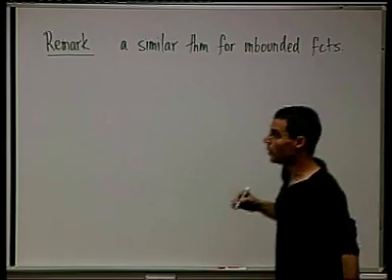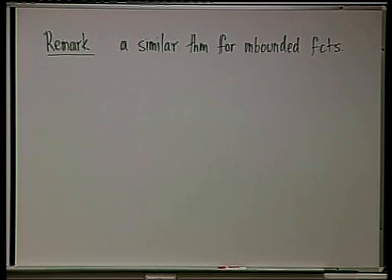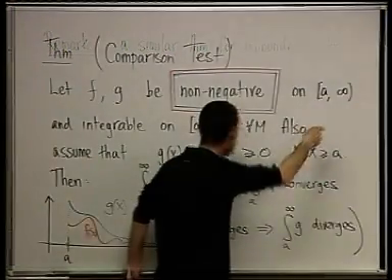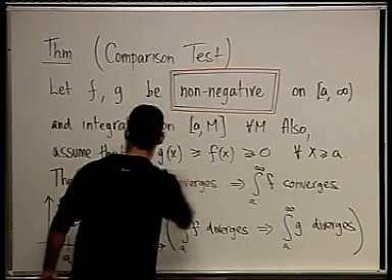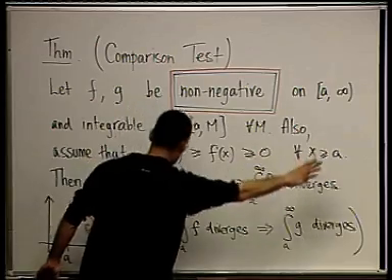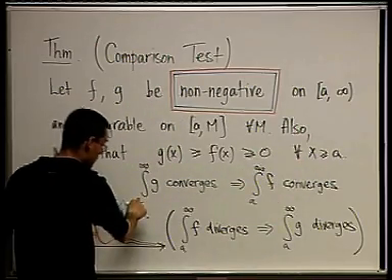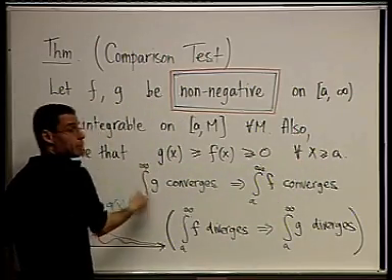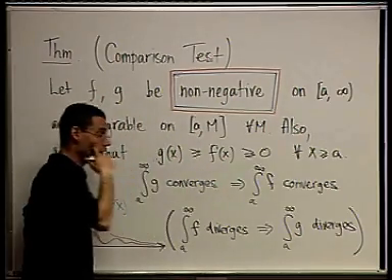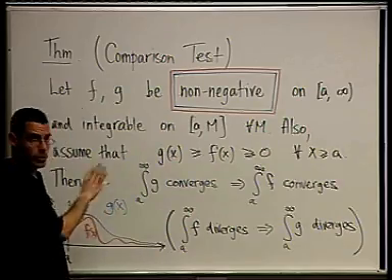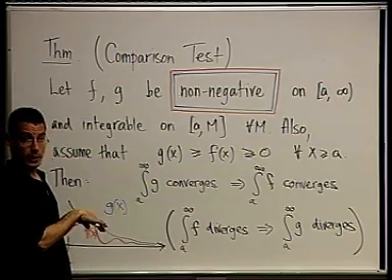Okay, what would it look like? I don't want to write everything again. So again, it would be: let f and g be non-negative on (a, b) open, and integrable on [a, b minus epsilon], just like before. Assume that g is greater than or equal to f. Then if the integral from a to b, which is improper now in the sense of the unbounded function, converges, it implies the integral of the smaller one converges. Well, almost similar. Okay, good?